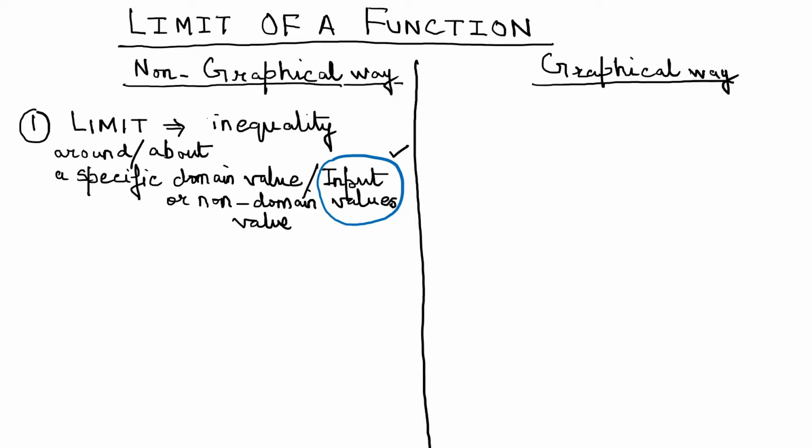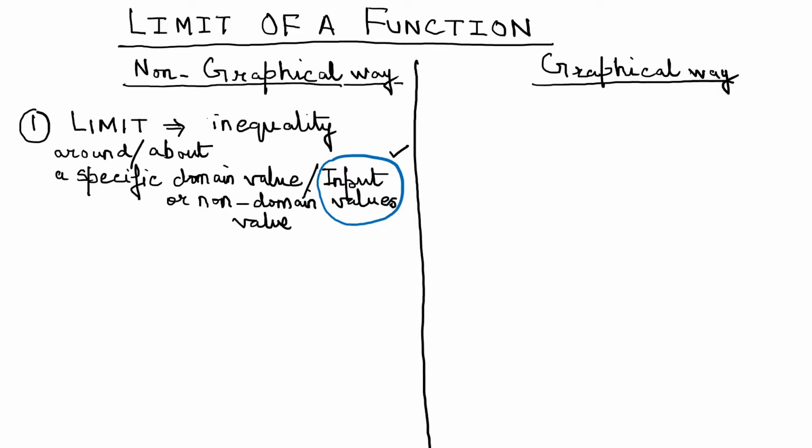The domain and the non-domain becomes slightly unimportant, because when you're finding out the limit, in that case the point around which or about which you are finding out the limit is nothing but the inequality aspect, because you're not talking about that point, which is why we say that limit is nothing but inequality about a specific domain value or non-domain value, or in short, limit is just like inequality around or about the input values, the specific input values.